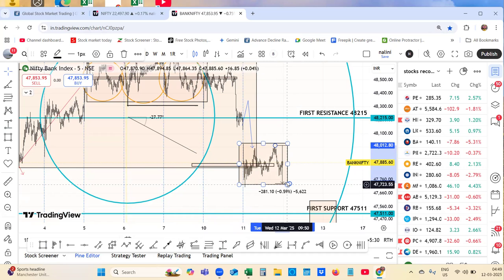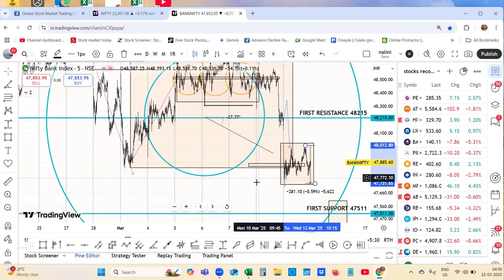Nifty moves around 227 to 270 points, 180R. With the 180R, for the Bank Nifty it may be 470 to 500 points. So when there is a narrow range compression, there may be expansion to the downside.